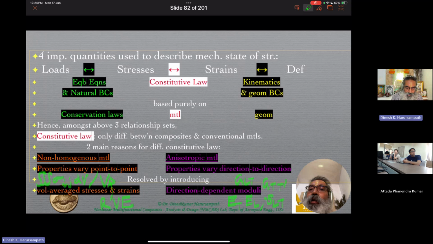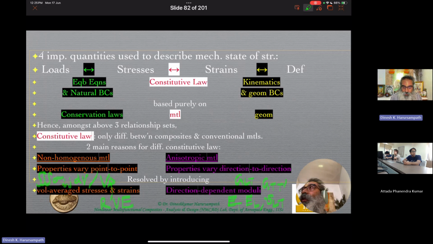Once we do that, we are able to replace the stresses, because we are now dealing with a hypothetical, essentially imaginary, fictitious material which we call the composite, and its properties we are associating with the overall behavior of the structure rather than of individual fibers and the matrix.